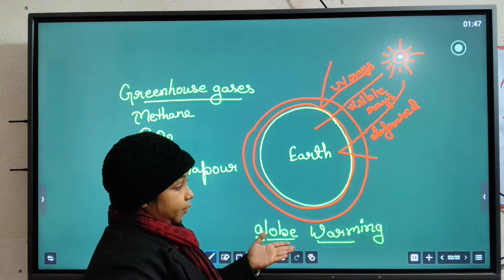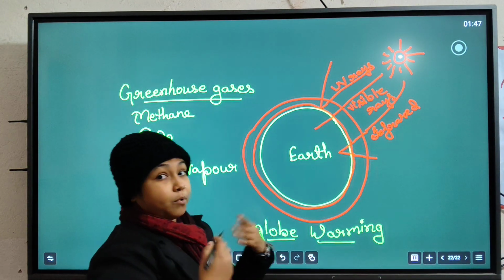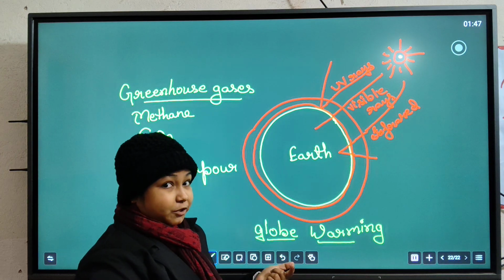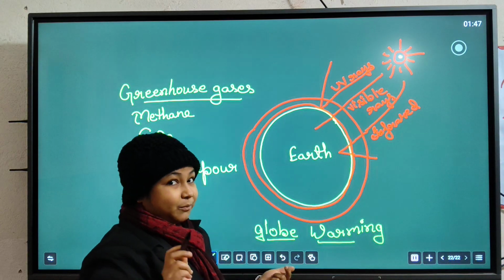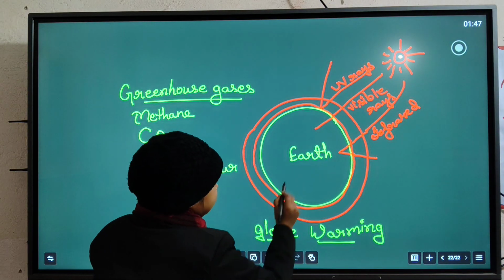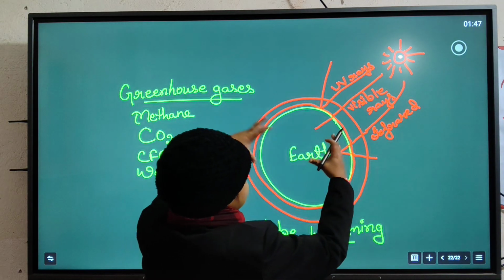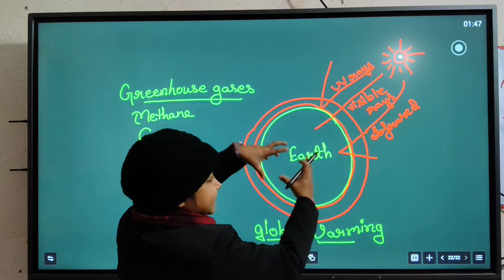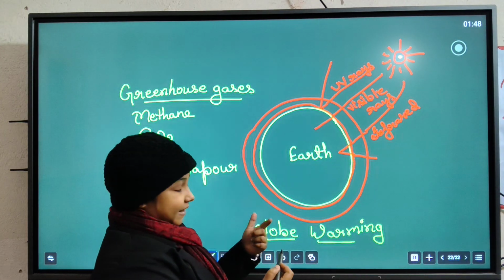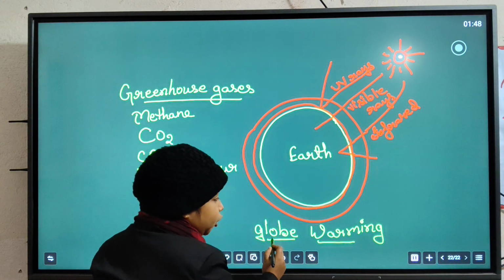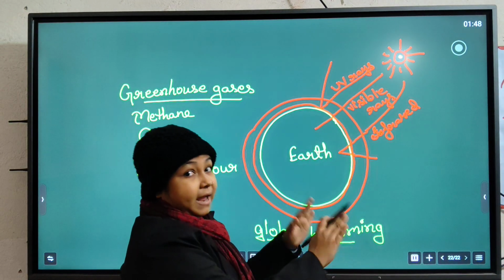Now if the heat trapped by the earth becomes more, it will be harmful for us. If these greenhouse gases keep trapping more and more heat inside the earth, then there will be a side effect, and that side effect is known as global warming, meaning when the globe becomes warm and warmer.